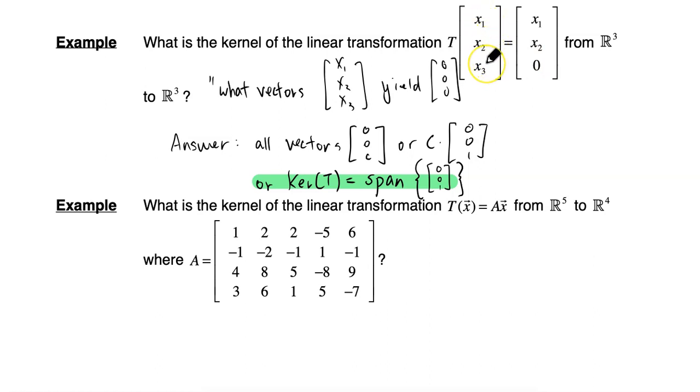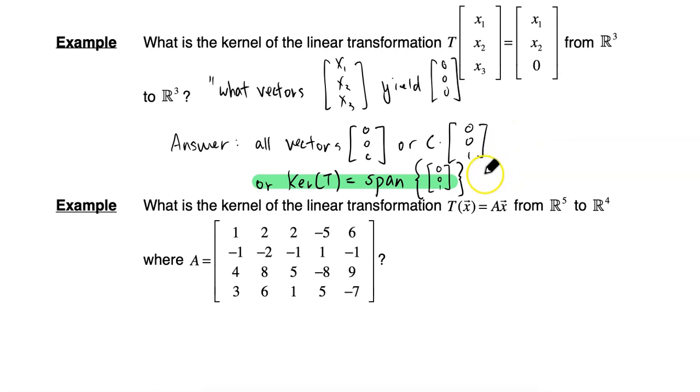It does not matter what x3 is. So for example, the vector 0, 0, 7 is going to go to 0, 0, 0. So all vectors of the form 0, 0, c, or all vectors of the form c times 0, 0, 1 are what the kernel is composed of.